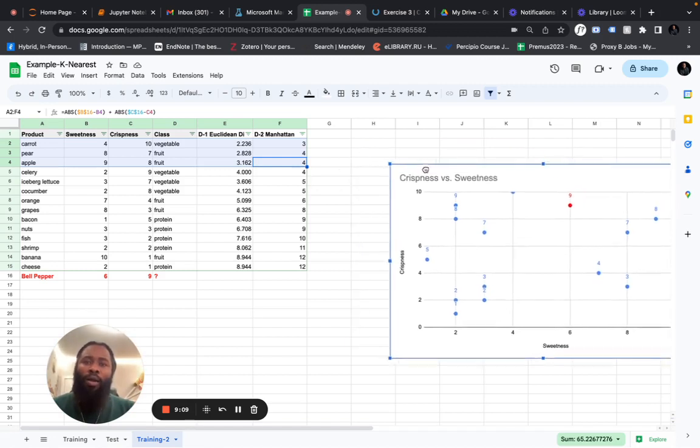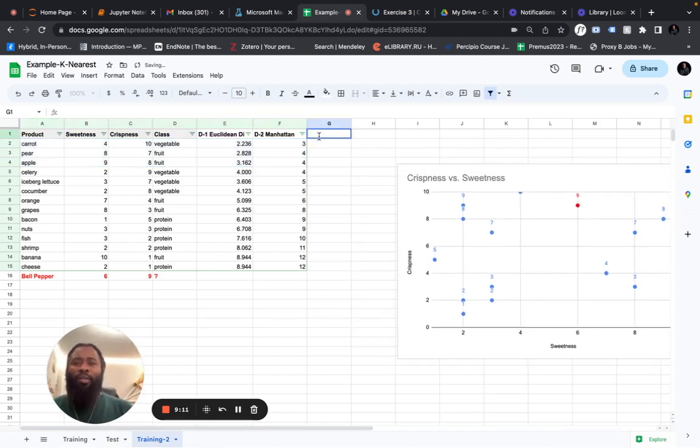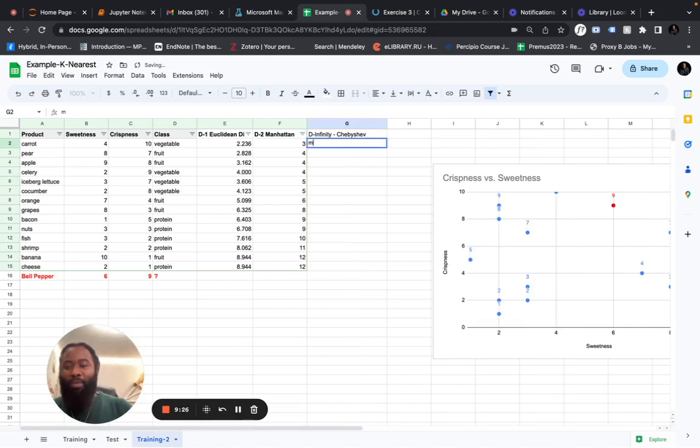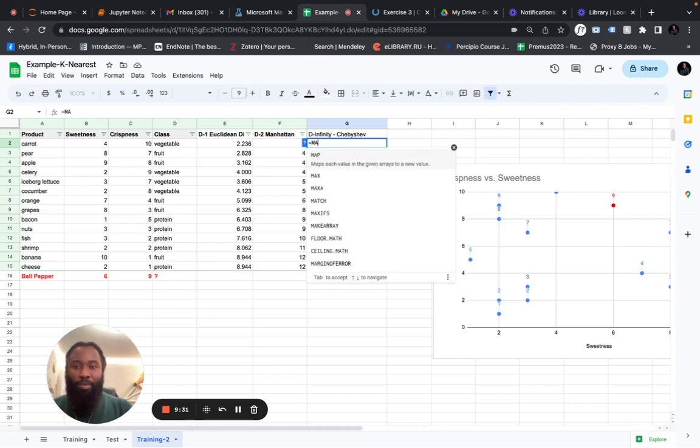There's one more. It's called the Chebyshev. I hope I got that spelling right. Usually call it like D infinity. Right, so Chebyshev distance basically takes the maximum value of the absolute difference. So the formula is also pretty simple.